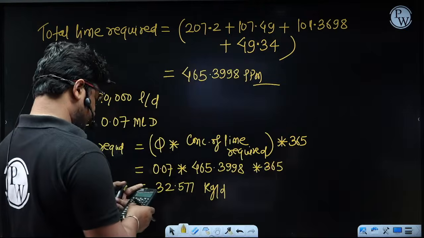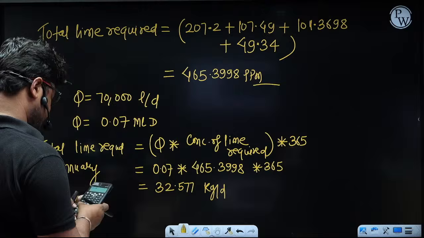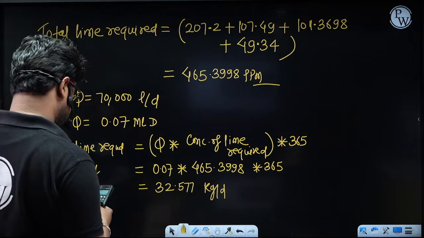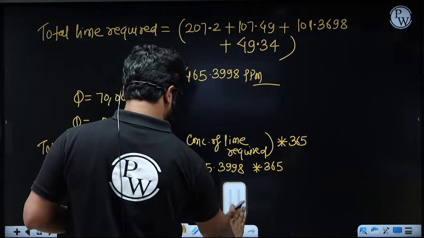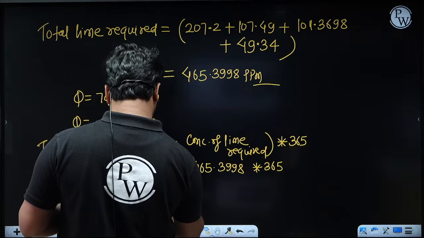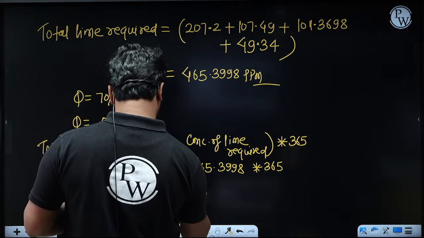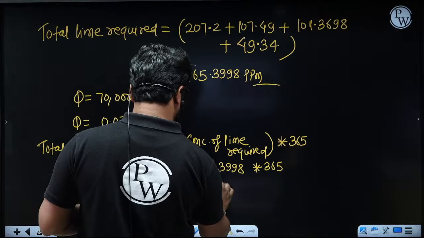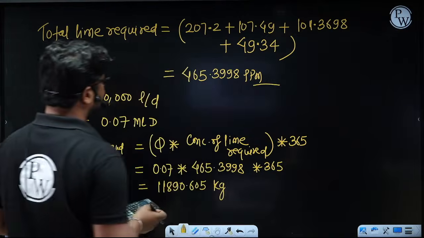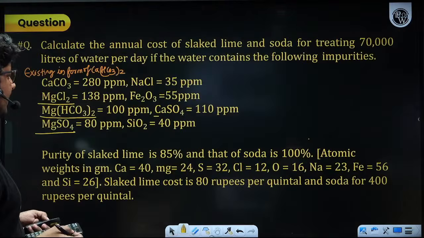After multiplying this with 365, it will be 11,890.605 kg.